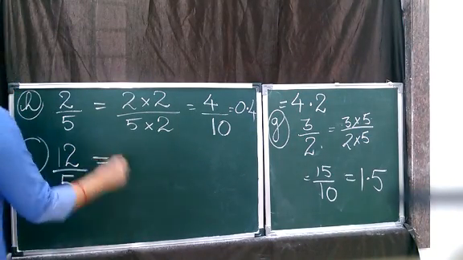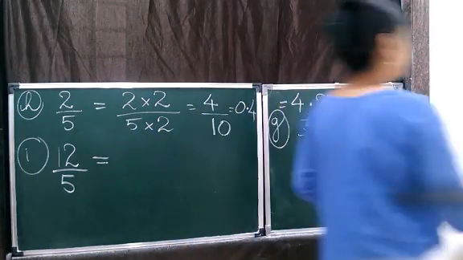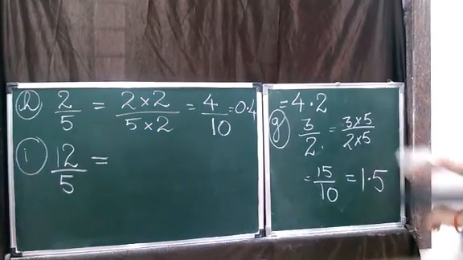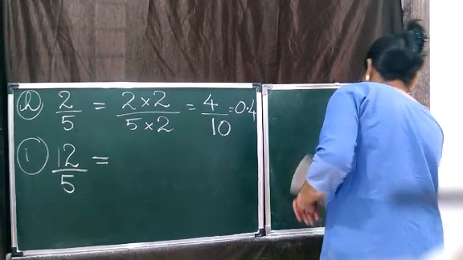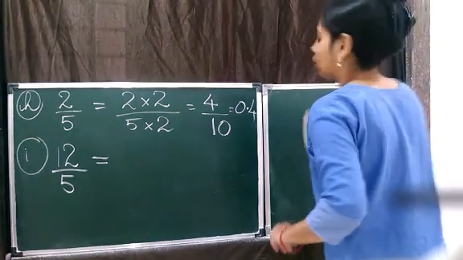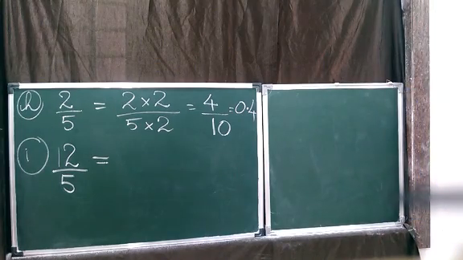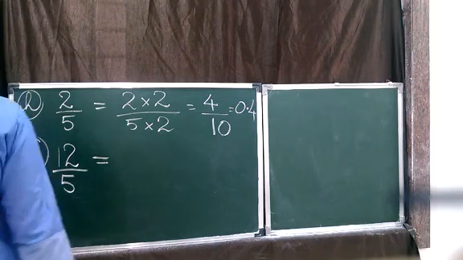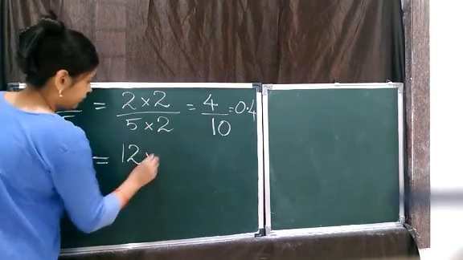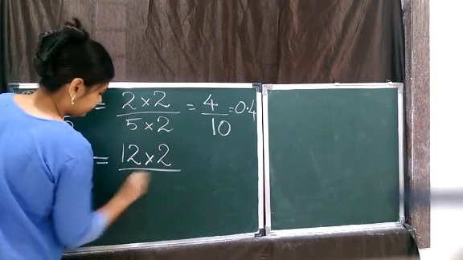12 by 5. So once again children, there's no 0. We need to bring a 10, 100 or a 1000 to make our conversion very easy. Yes. So what should you multiply to this 5 so that it gives you a 10? We should multiply 2. Just like above.